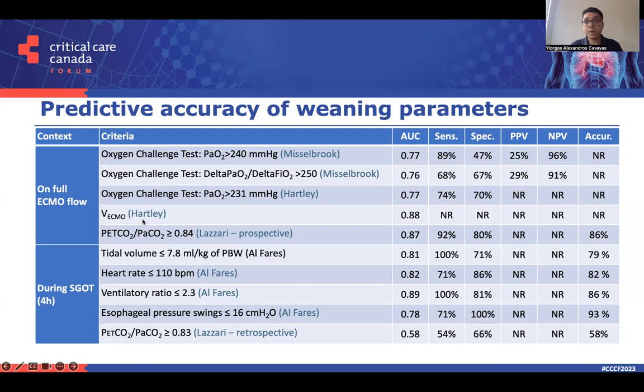So a lower ECMO minute volume and a higher end-tidal CO2 to PaCO2 ratio had a good predictive accuracy for safe liberation. During the SGOT, as mentioned before, lower tidal volumes, lower heart rates, lower ventilatory ratios, and lower respiratory efforts were also very accurate in predicting successful weaning.